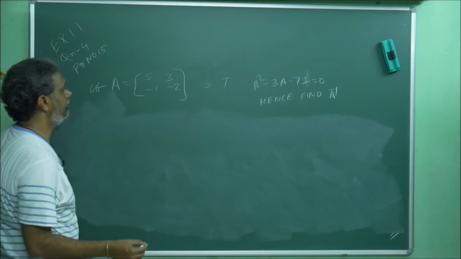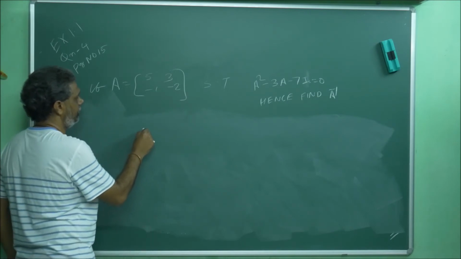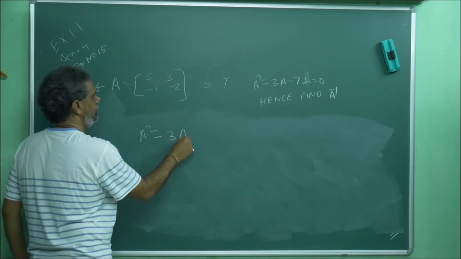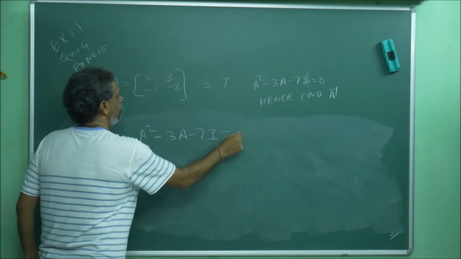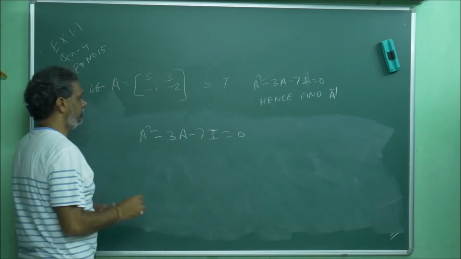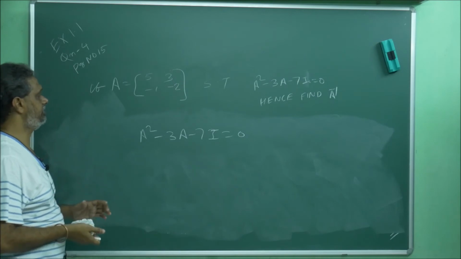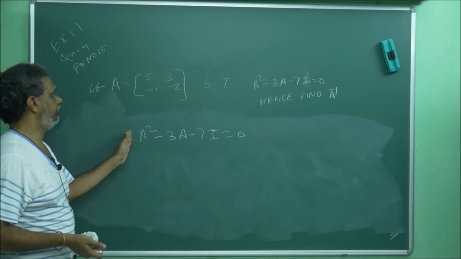From A square minus 3A minus 7I is equal to 0, see, I want to get A inverse. A inverse means what? Pre-multiply by A inverse.